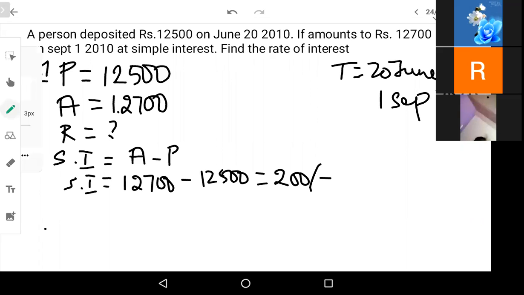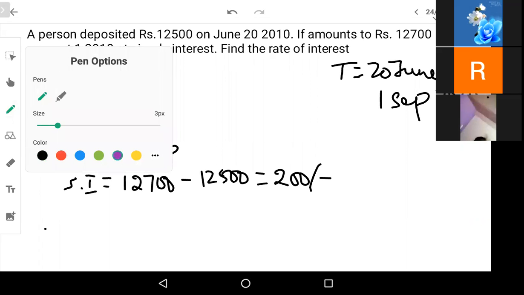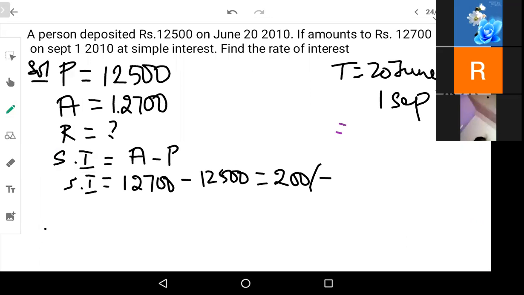Now let us calculate the time here on the other side. So June will be 30 days. So 30 minus 20, 10 days in June. Then July, 31 days.